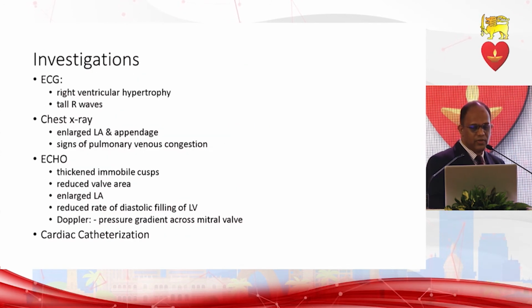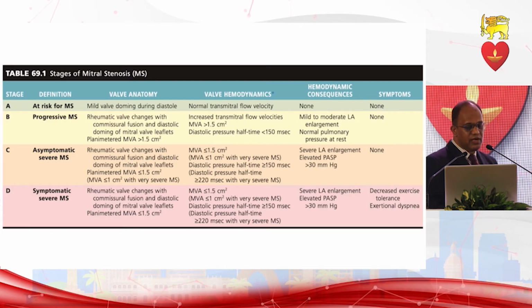So the symptoms we have discussed, the investigations we have discussed. So mitral stenosis is a process. It can start initially as a very benign cause, and it can progress. And once it has progressed to a certain extent, the patient becomes symptomatic.